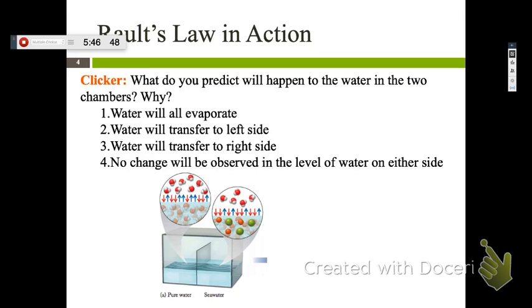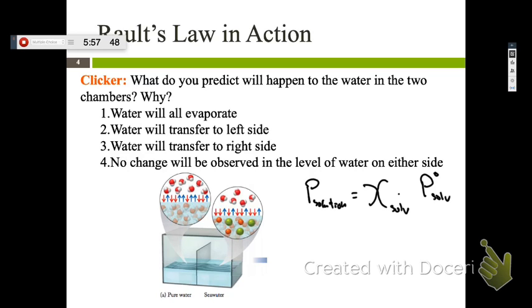So the more solutes you have, and the reason I love the fact that it's mole fraction that they use to describe this, is that with mole fraction, the way Raoult's law is, the partial pressure of the solution equals the mole fraction times the partial pressure of the solvent.